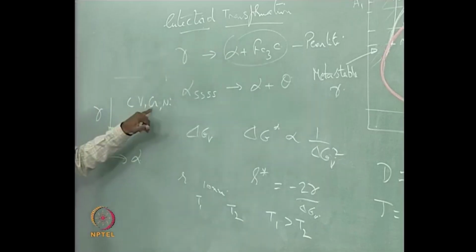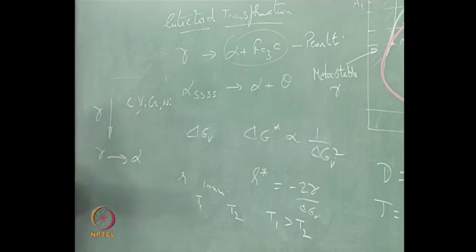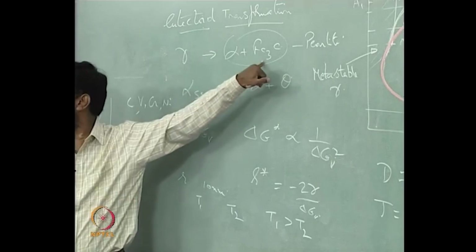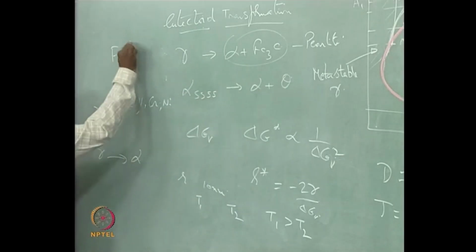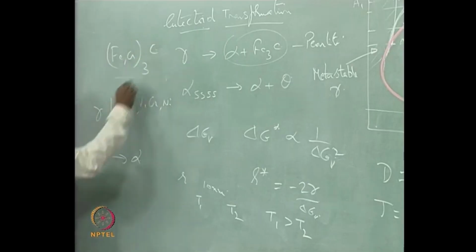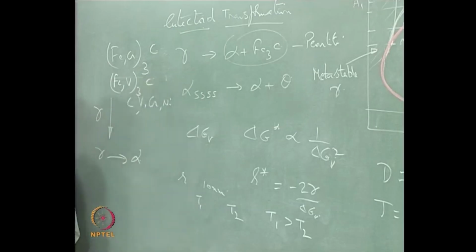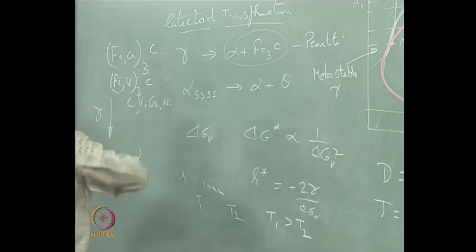For example, chromium, vanadium have a tendency to form carbides, let us say. They either dissolve into Fe3C and form a carbide such as (Fe,Cr)3C or (Fe,V)3C, or they can form their own carbides, obviously at the grain boundaries of your austenite.